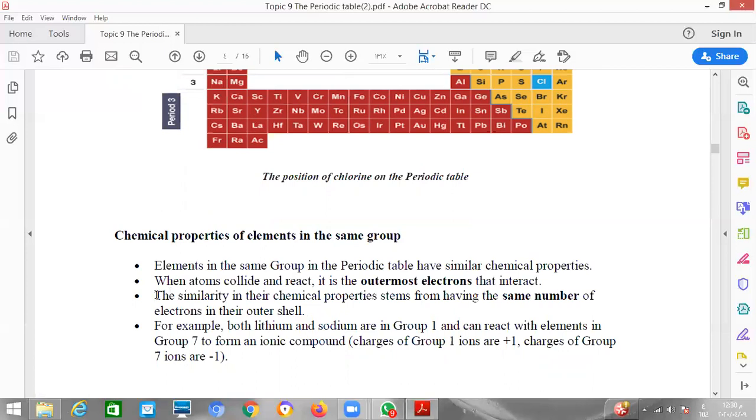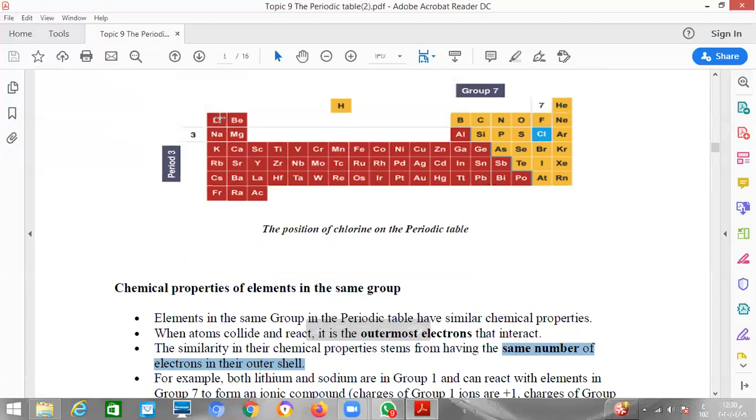You can see here that the similarity in chemical properties stems from having the same number of electrons in their outermost shell. And I give you evidence: lithium in the outermost shell has 1 electron, sodium 1 electron, potassium 1 electron.